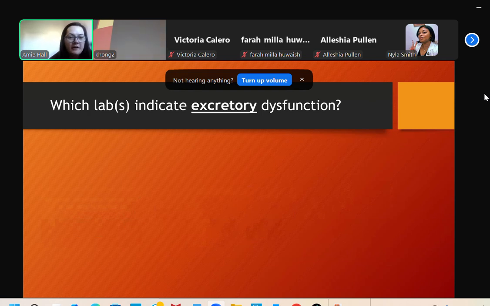Right. Which labs indicate excretory function? So what is being excreted from the liver? Right. So the liver is responsible for excreting substances.